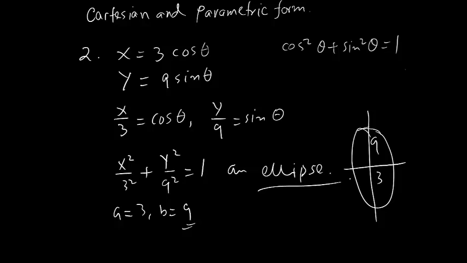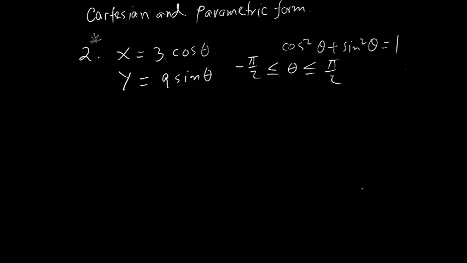Now for example, we are also giving you that plot this one now with the restricted boundary. Use negative pi by 2 less than or equal to theta less than or equal to pi by 2. We know that it is an ellipse using Cartesian form.